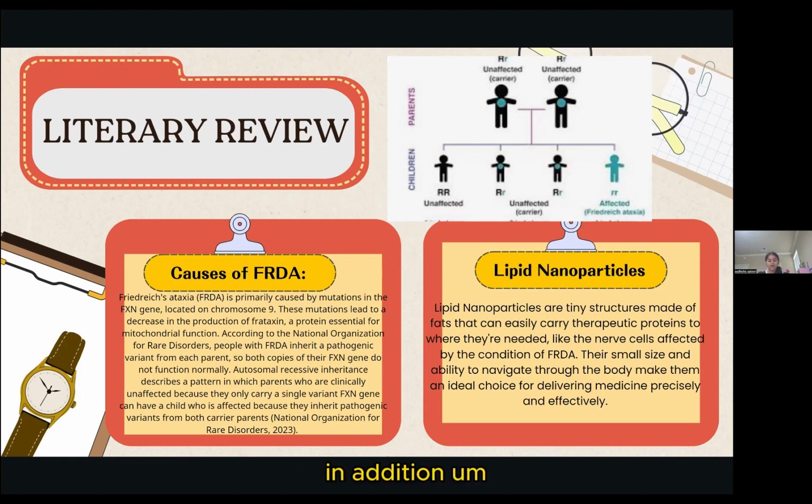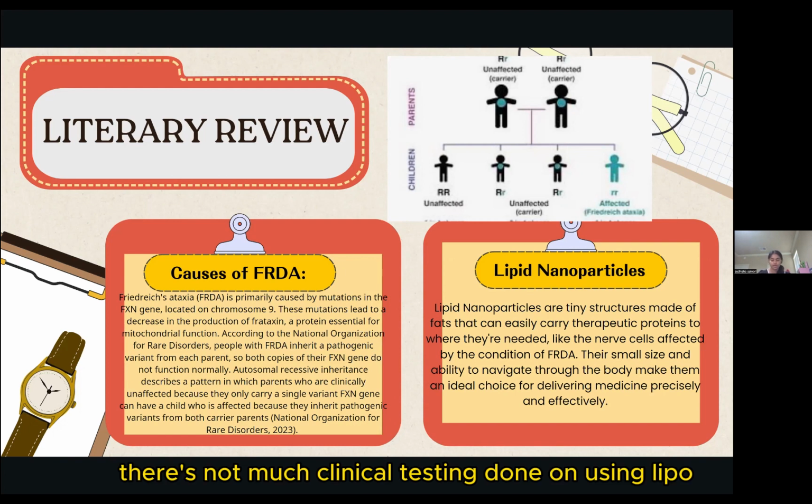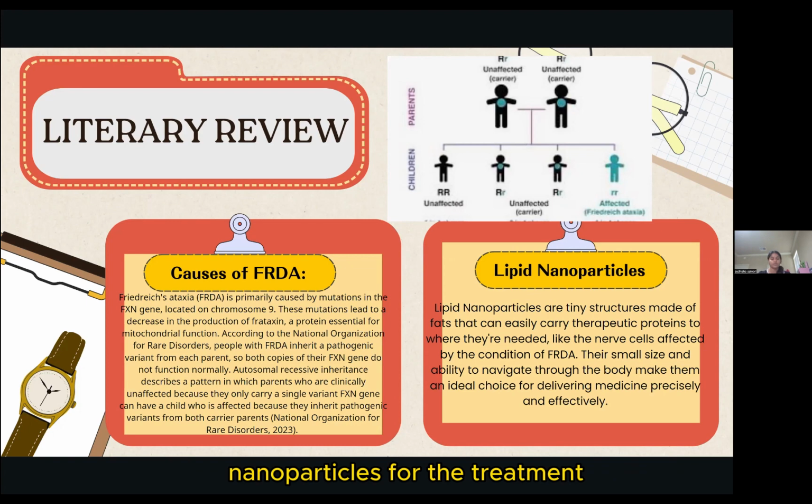In addition, although there's not much clinical testing done on using lipid nanoparticles for the treatment of FRDA, it's being used specifically for drug delivery for other neurodegenerative diseases already. So that's what makes it even more ideal to be used for the treatment of Friedreich's ataxia.